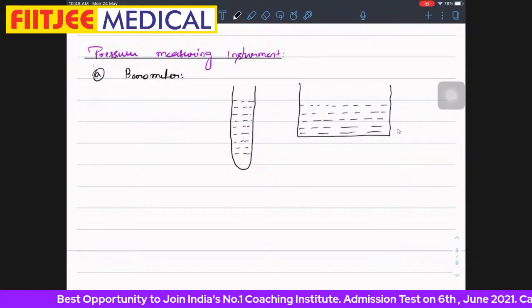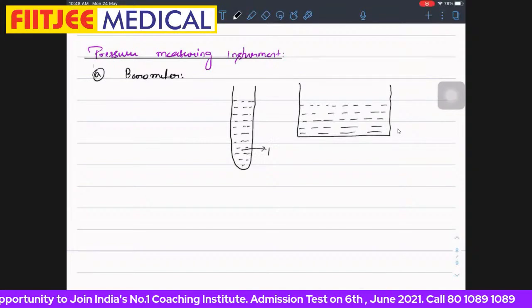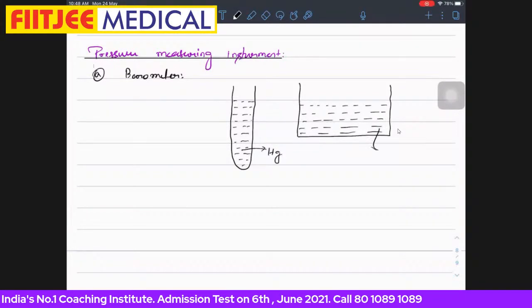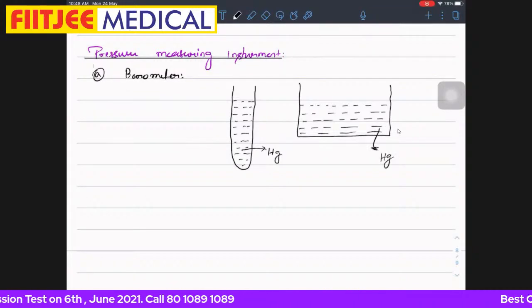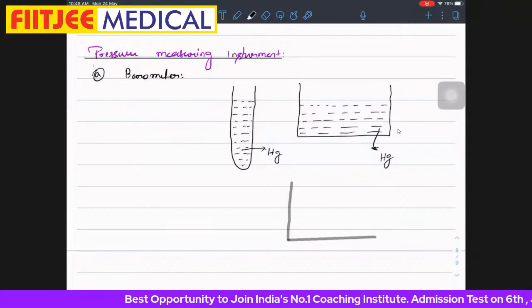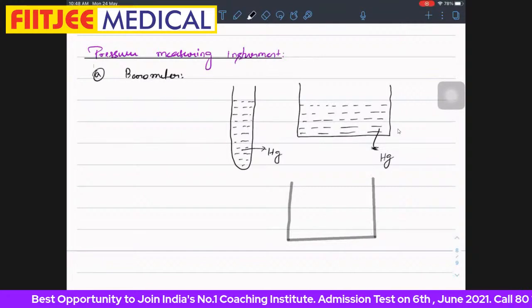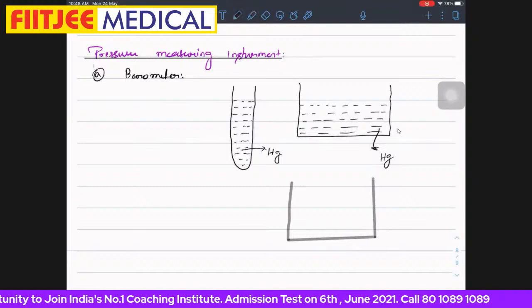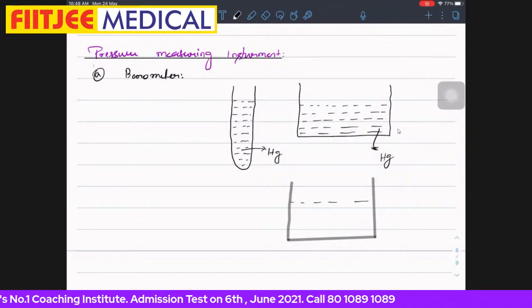Why have they used mercury? Because it is the most dense liquid available. I'll explain what will happen if we take some other liquid. Next, they took this tube and inverted it in this container. So finally the situation is like this.